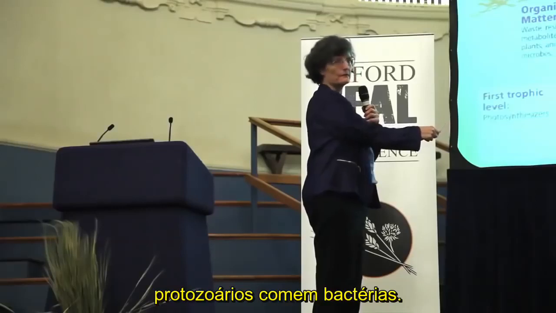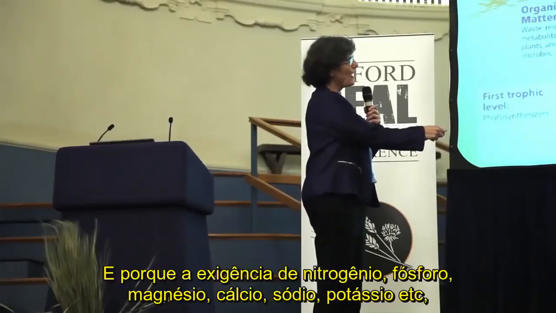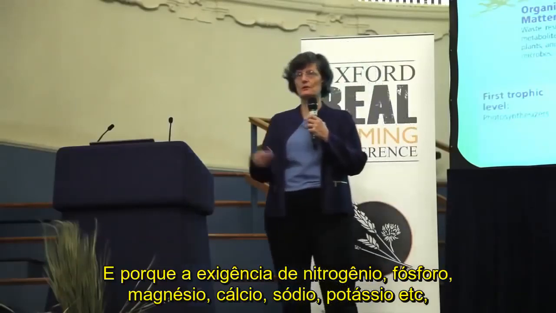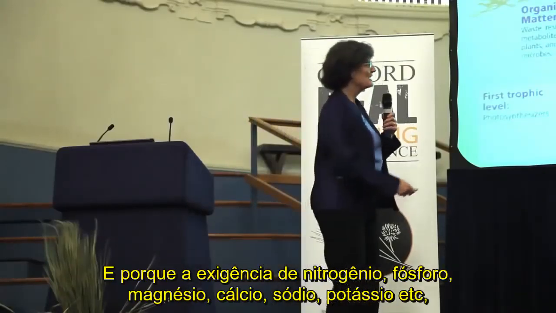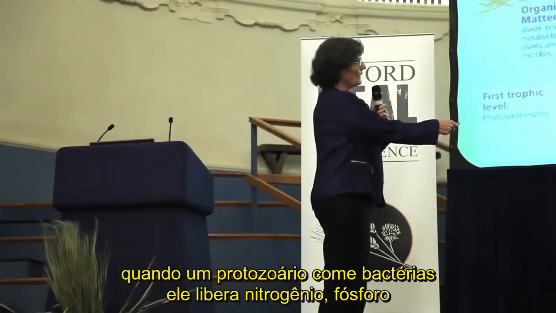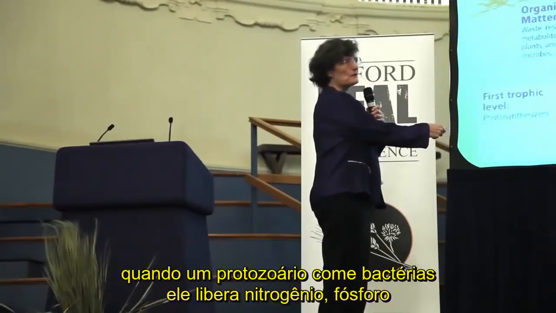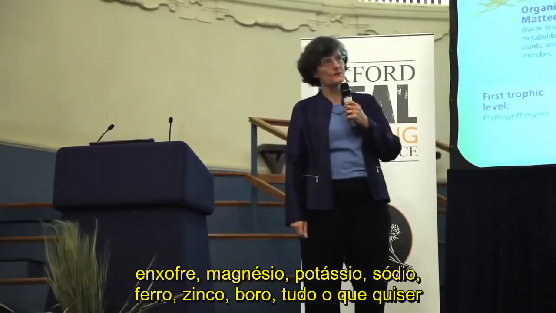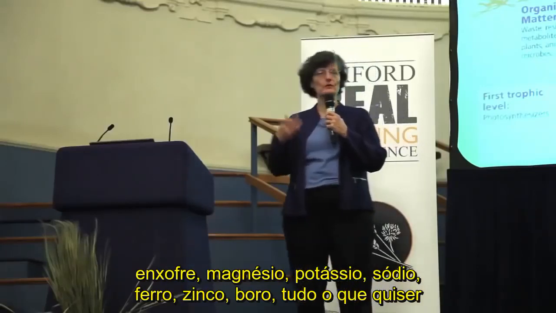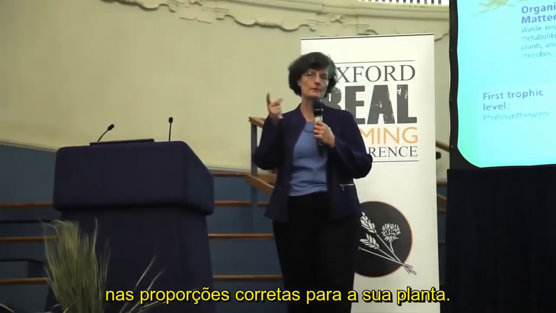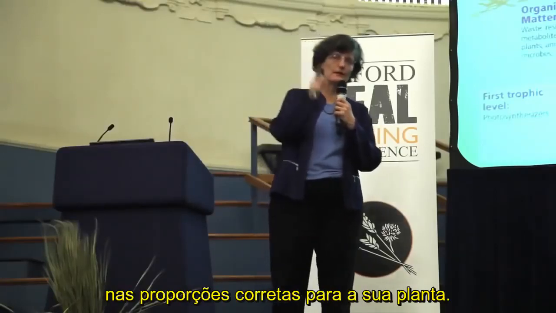Protozoa eat bacteria. And because the requirement for nitrogen concentration, phosphorus, sulfur, magnesium, calcium, sodium, potassium, the whole list, is way lower in protozoa biomass, when a protozoan eats any bacterial species, it releases nitrogen, phosphorus, sulfur, magnesium, potassium, sodium, iron, zinc, boron, everything you want to talk about, in the proper balances for your plant.